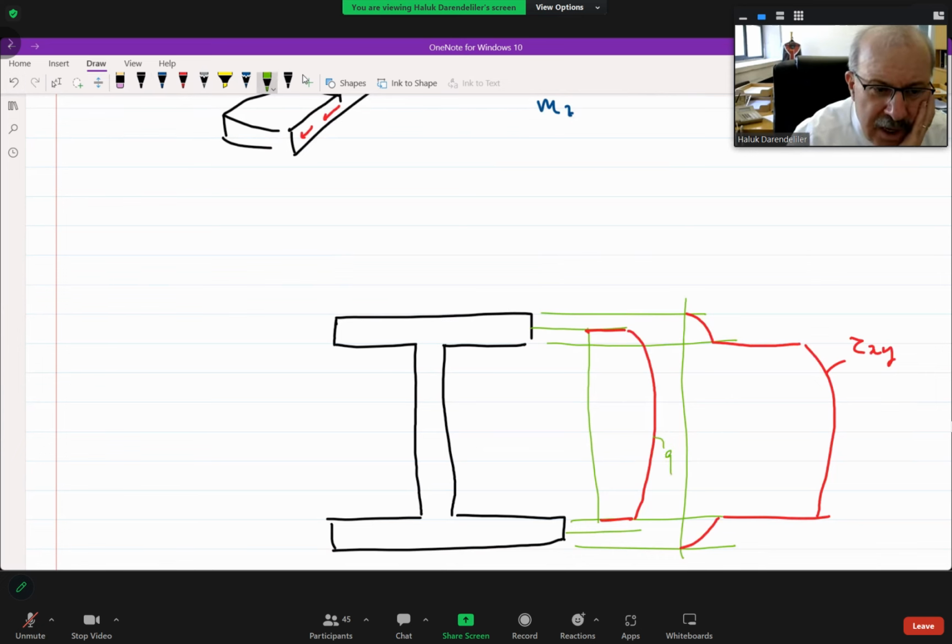Now, if you do the same thing for the flange region, you will see that this time the Q is increasing towards the middle portion. So say that this is the Q axis. This is the variation of the Q. It is 0 at the ends, but increases towards the middle.